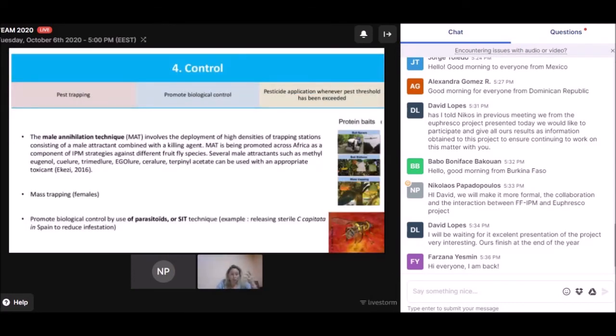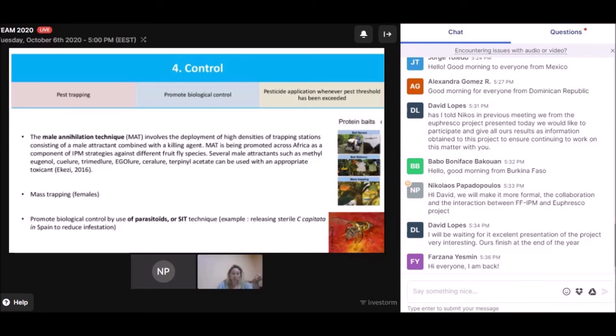So the fourth one is the control, which is my last slide. It's what you heard so far from the different presenters today and yesterday. You can use the male annihilation technique to deploy high density trapping stations for males.